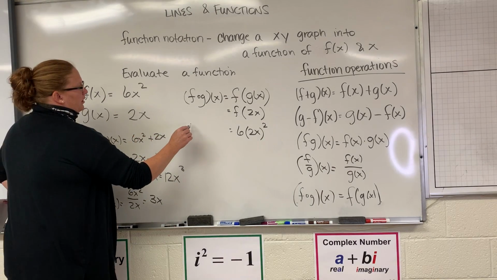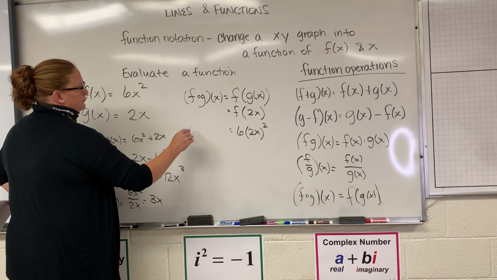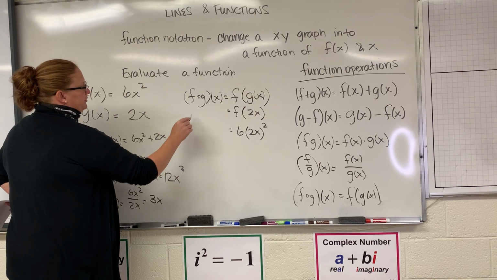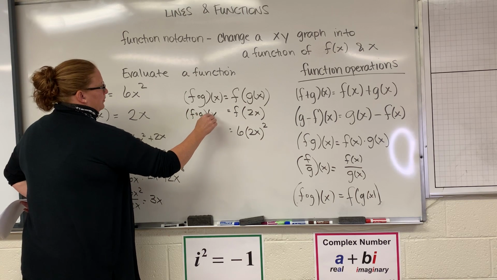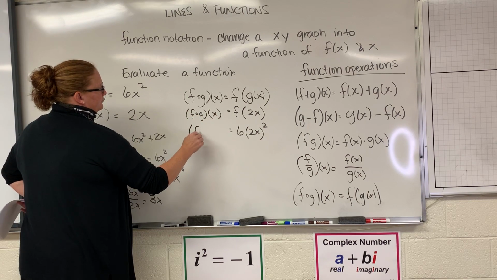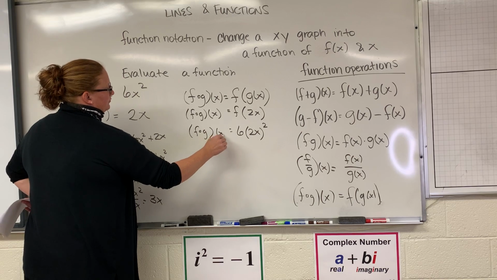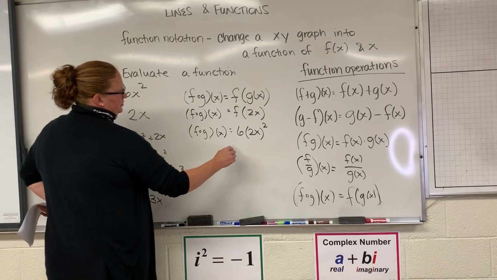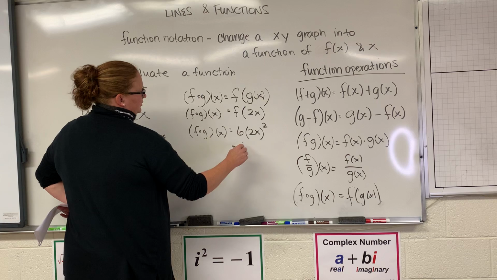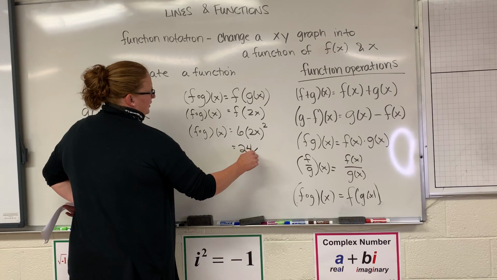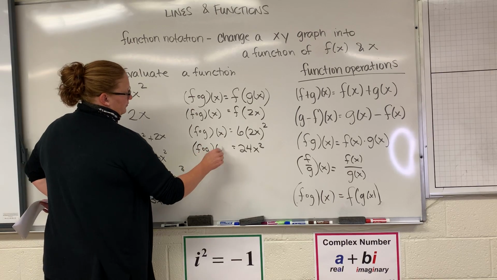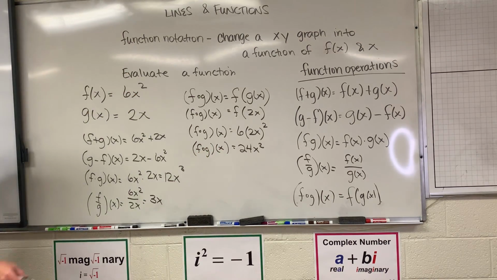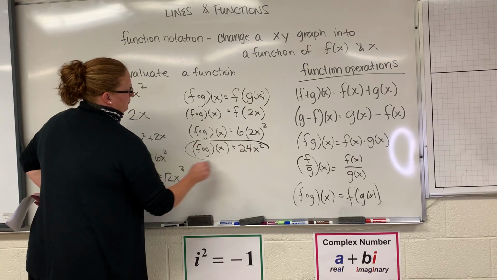Sorry. This whole thing is f of g of x. Which is, what's that, 4x squared, so 24x squared. Is the final answer?